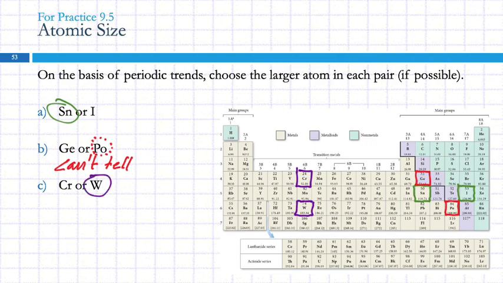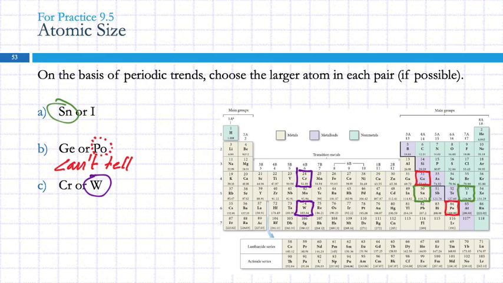Size gets bigger as you go down and smaller as you go left to right. And what we're going to see is that there's several other periodic trends, and they're either going to be the same as size or the exact opposite of size.